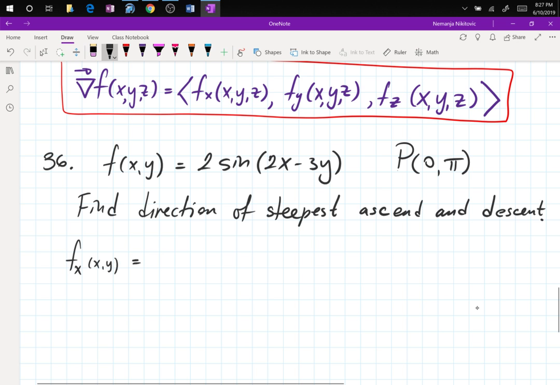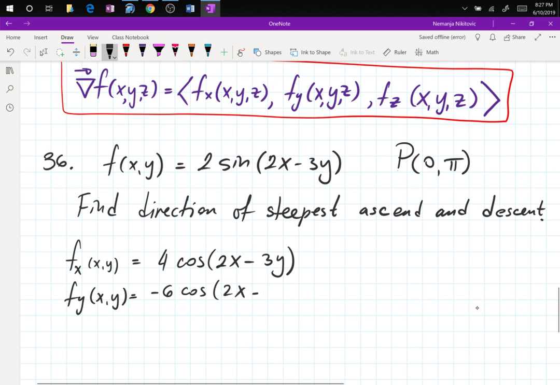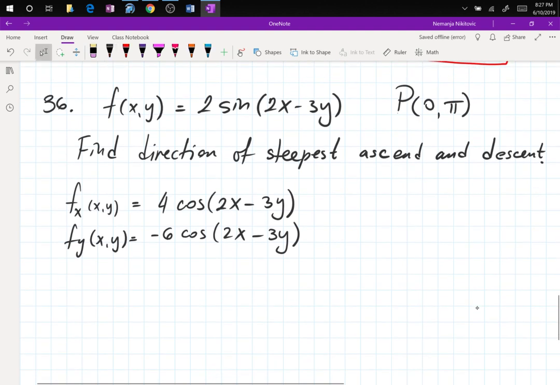So partial derivative for x, the 2 will come outside, so it becomes 4 cosine of 2x minus 3y. And fy is going to kick out negative 3, so negative 6 cosine of 2x minus 3y. Those are our partial derivatives.